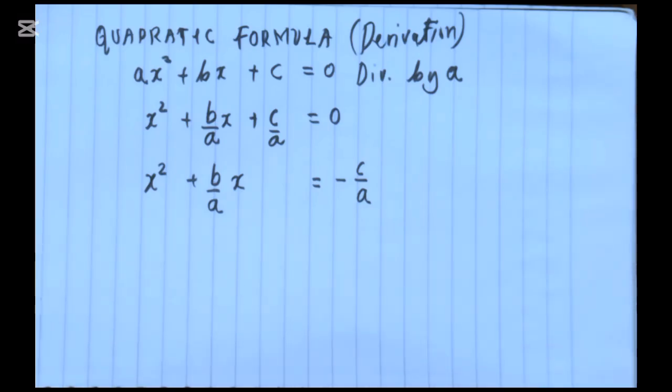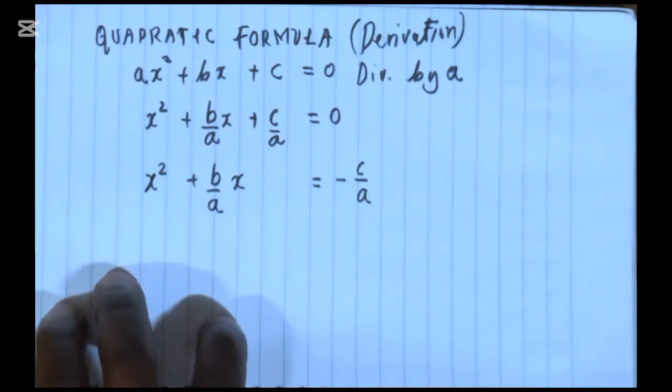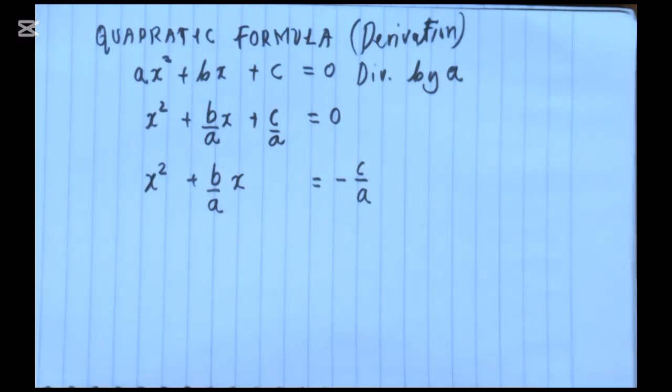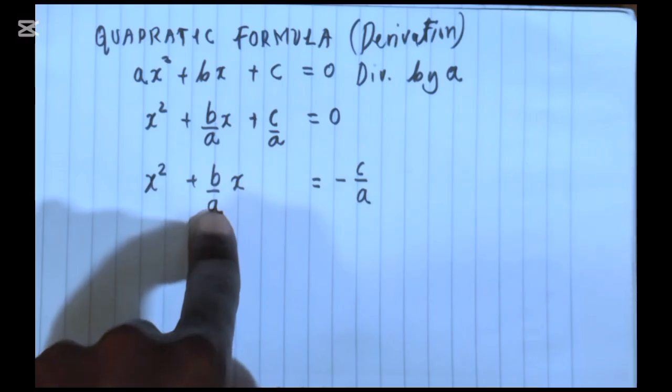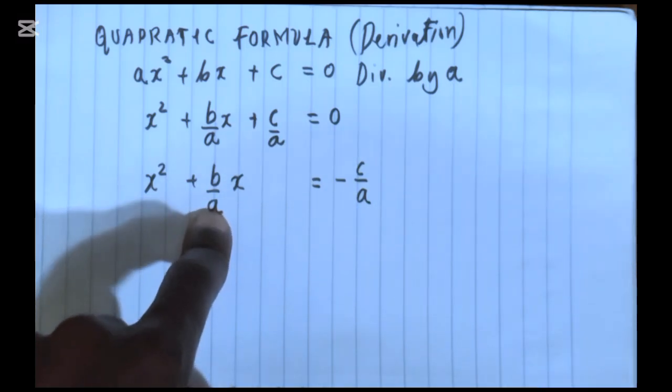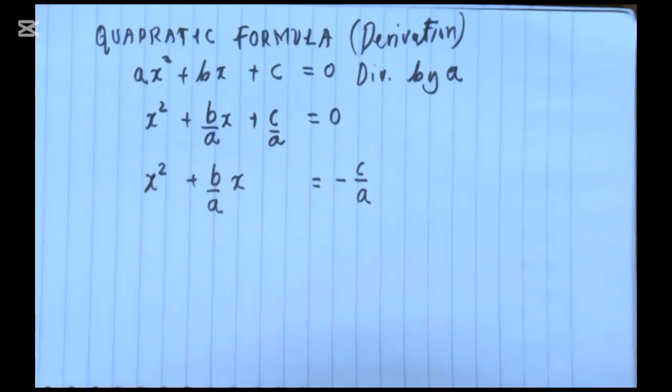Then after here, we will add the value that will complete the square of whatever we have in the left hand side, as that is our main concern. So basically we know that that should be b all over 2 squared. And I want you to note that the value of b here is b all over a.